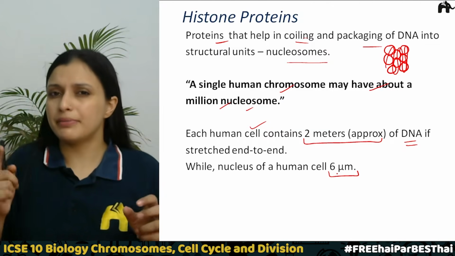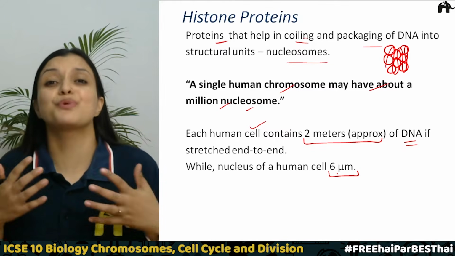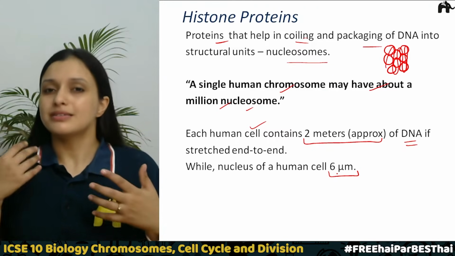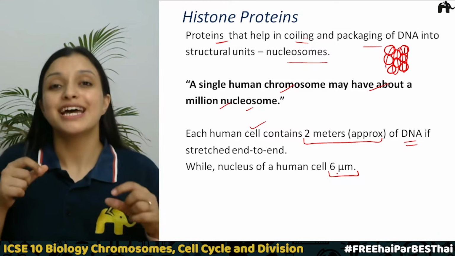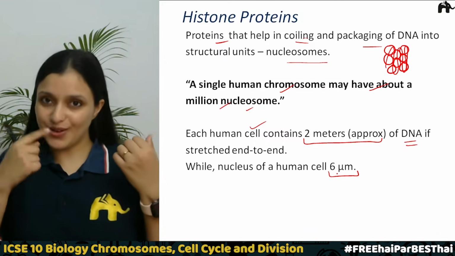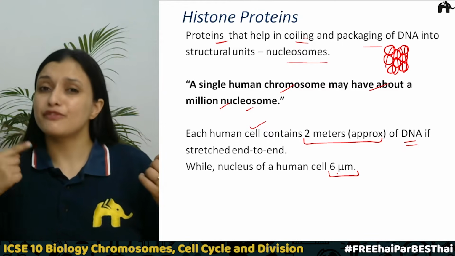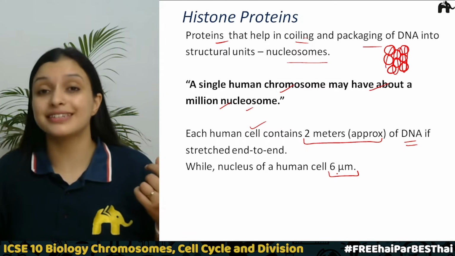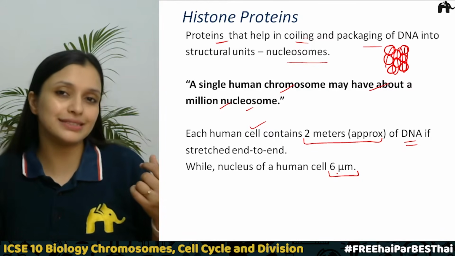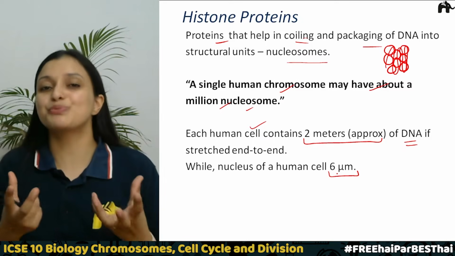Right now we all use mobile phones, but some of you might have corded phones at home, right? The cord is always attached to the main set with a coiled wire. That coiled wire is like the chromosome coiled around these histone proteins.